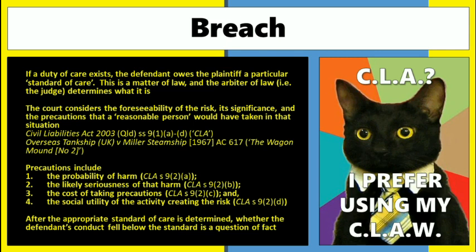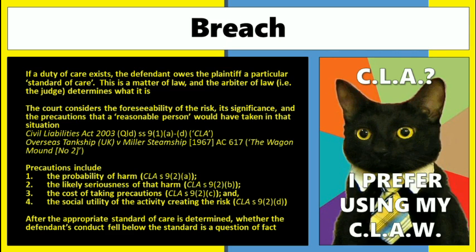Certainly both sides are going to be arguing one way or the other to help their particular clients, but fundamentally this is a question of law, and a judge needs to determine, basically taking into account the foreseeability of risk, the significance of any risk, and what a reasonable person would have done in this particular set of facts, or these particular circumstances.